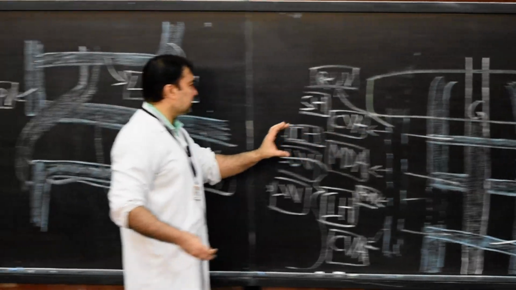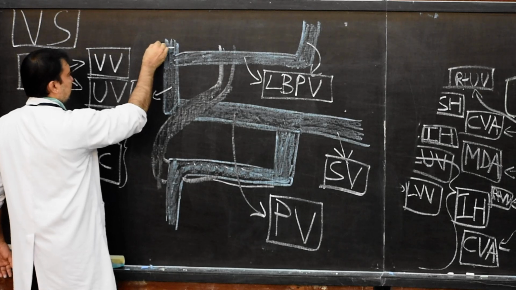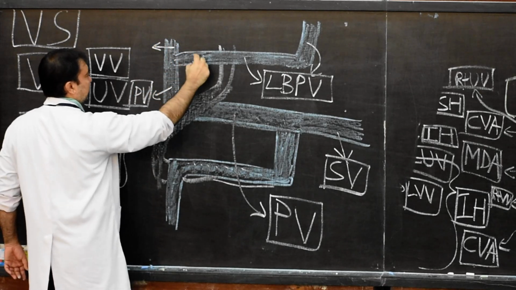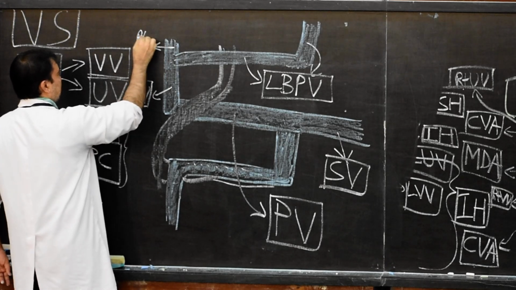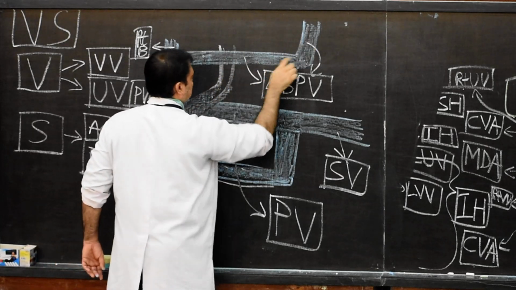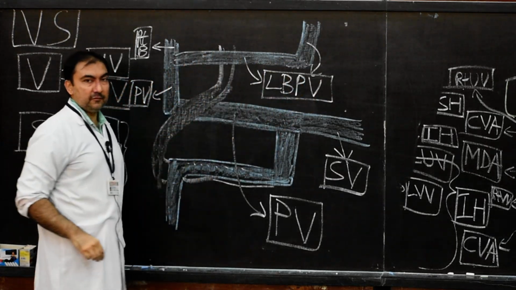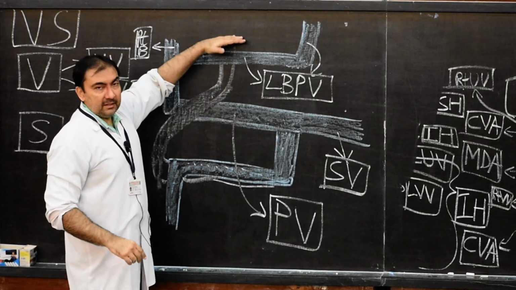Please come on this side. The right branch of the portal vein will develop from the right vitelline vein which is lying just cephalic to the cephalic anastomosis. So this will be the right branch of the portal vein, and this too will be the left branch of the portal vein. Here we finish which segment?